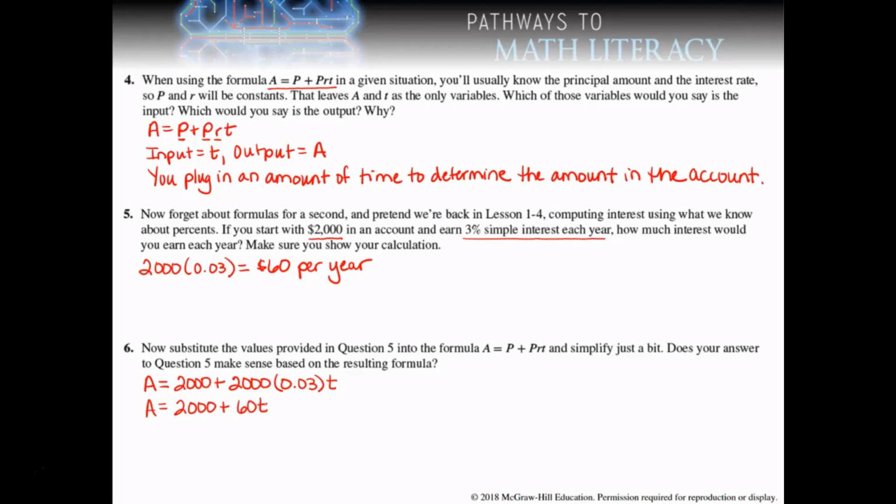Well, sure it does. That says we're going to take the 2,000 we started with and we're going to add $60 times the number of years, so $60 per year.